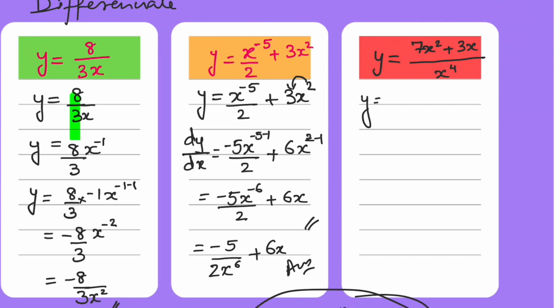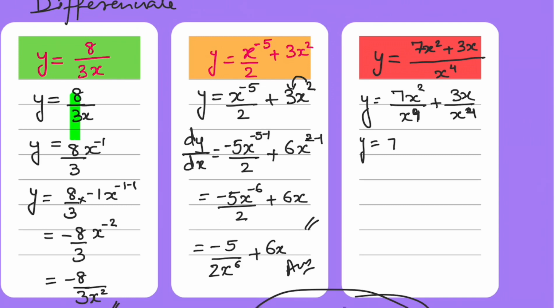Now we will have to split the fraction into 2, so that will be 7x squared over x squared plus 3x over x squared. All right, so we have split the denominator into 2. Now the new question becomes 7. It's x to the power of 4 in the denominator, not 2.